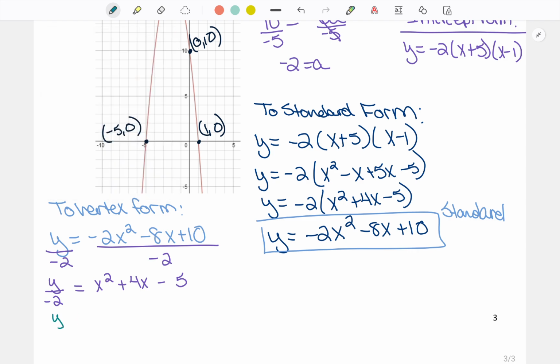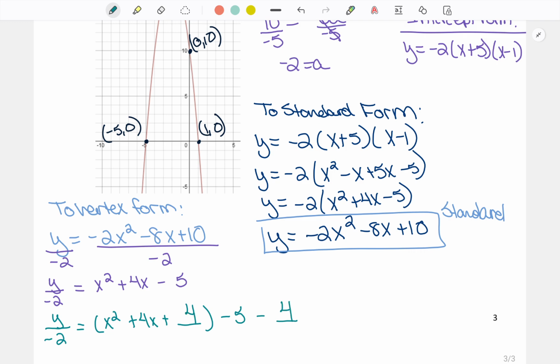So we're going to have y over negative 2 equals x squared plus 4x plus something minus 5 minus something. So half of 4 is 2, and then squared is 4.